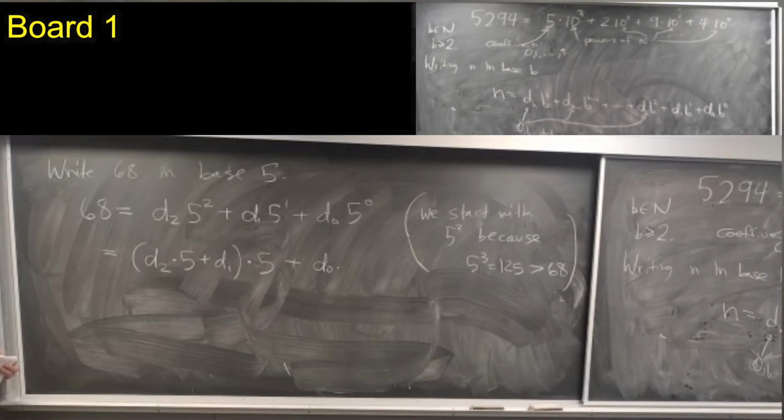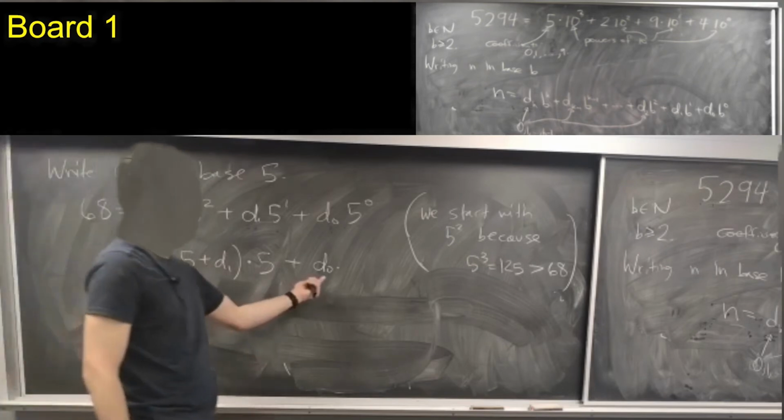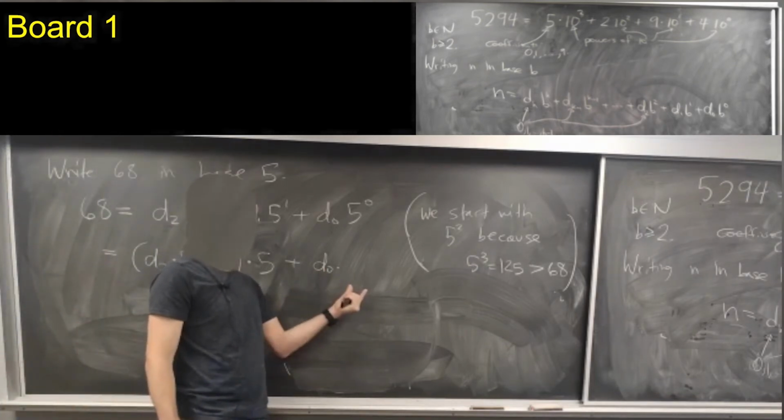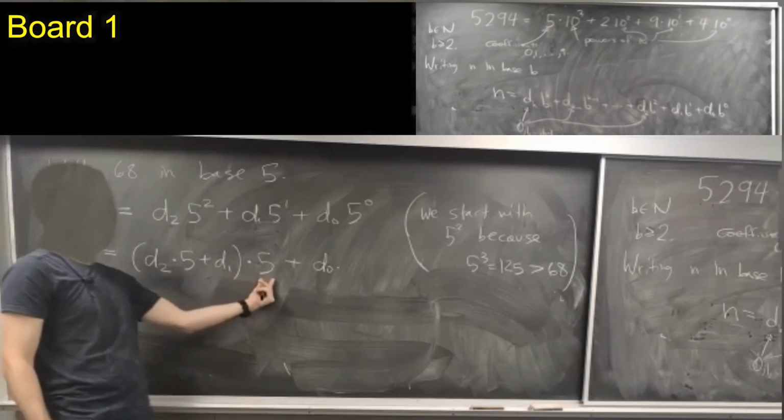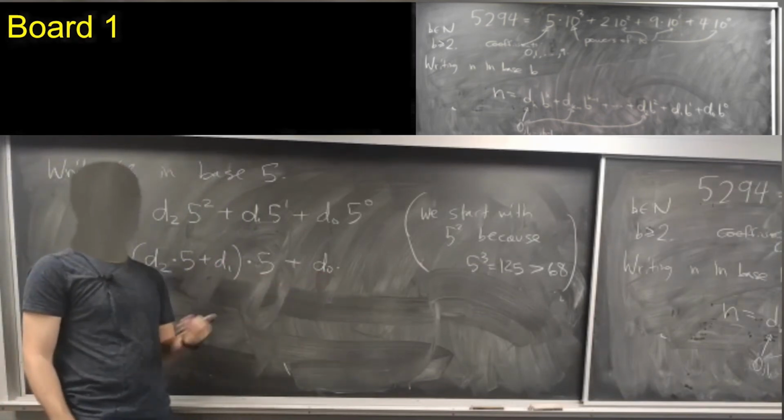Now this should look familiar with what we were doing earlier. So what is d0 now? Exactly, yeah, right? Because we're trying to find a number between 0 and 4 which has the property that 68 is equal to this thing times 5 plus that number. The remainder is unique, right?